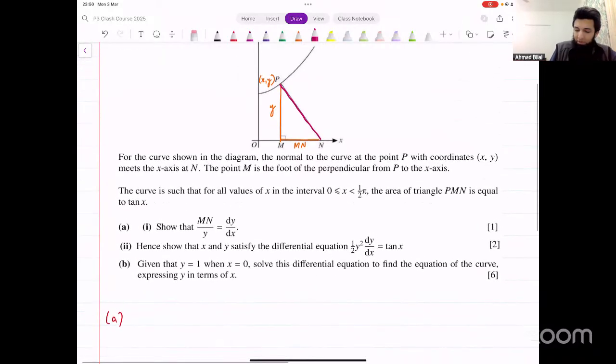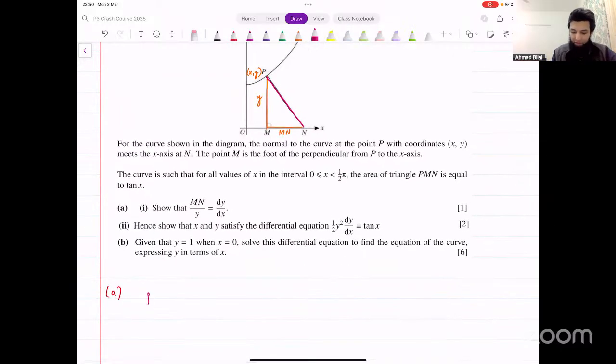Gradient of the normal, it's change in y over change in x, right? Let me write that here. Gradient of normal, PN. Change in y, that's y, over change in x. However, the change in y is negative, right? So it would be negative y over MN.